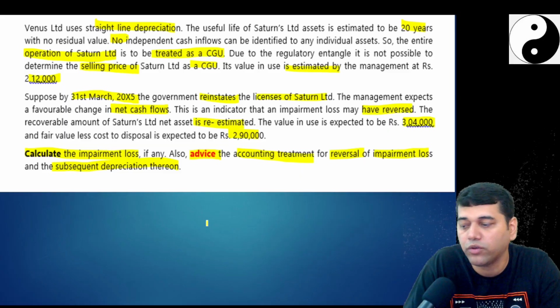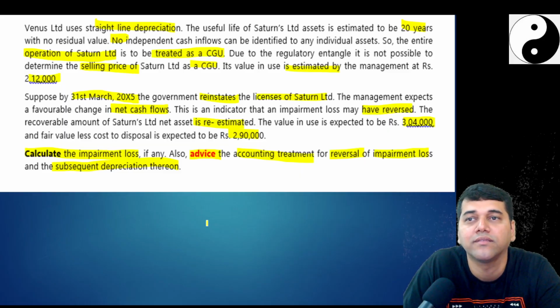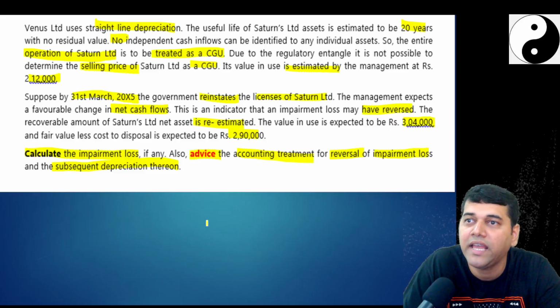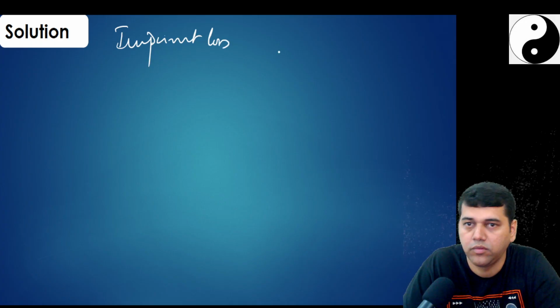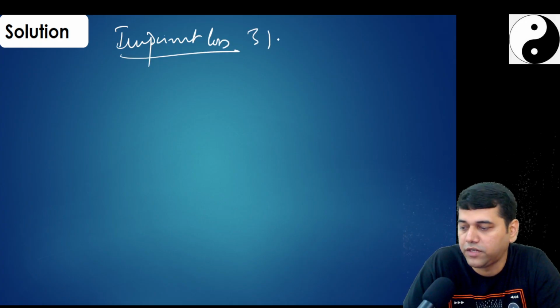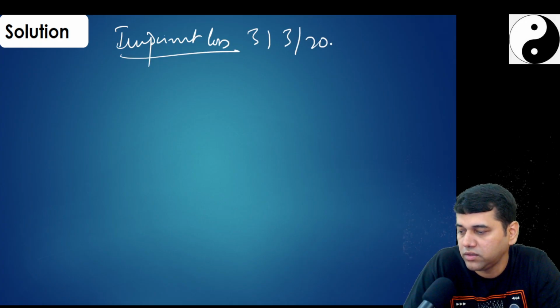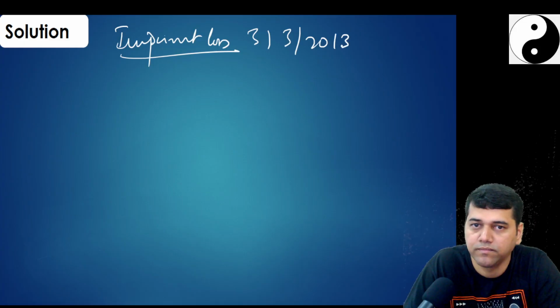Okay, so first we have to calculate the impairment. The day the mining ban happened, so write impairment loss and allocation on 31st March 2013.